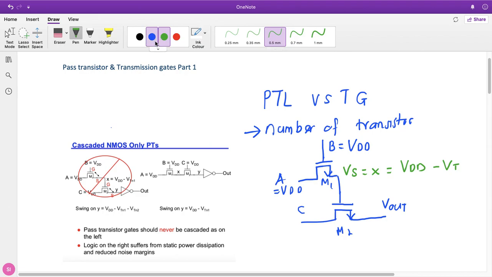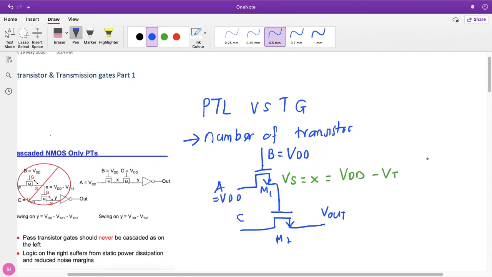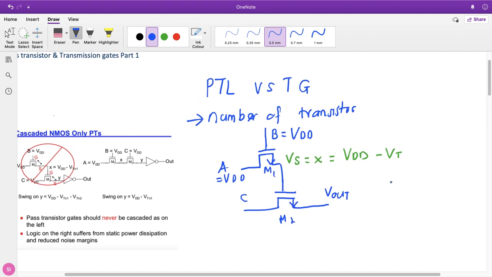This equation is obtained by understanding that VGS must be greater than or equal to VT, and then VDS is defined as VGS minus VT.